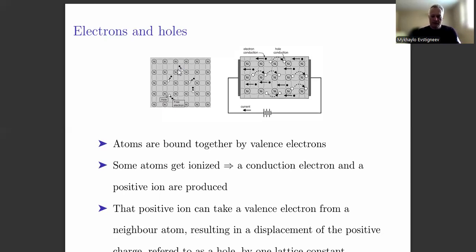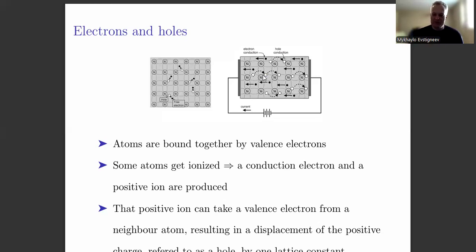Now let's say you are applying an electric field. Electrons, free electrons, conduction electrons move against the electric field. Now, as for these positively charged regions, electrons from the neighboring atoms can hop and fill those empty spaces. And so the net result is that this positively charged region has displaced in the direction along the electric field.